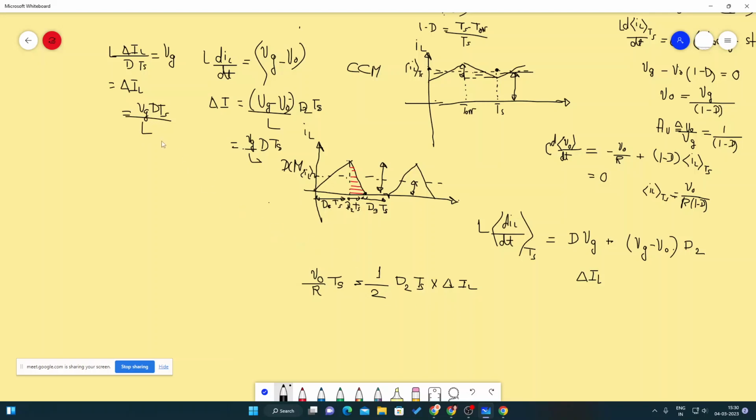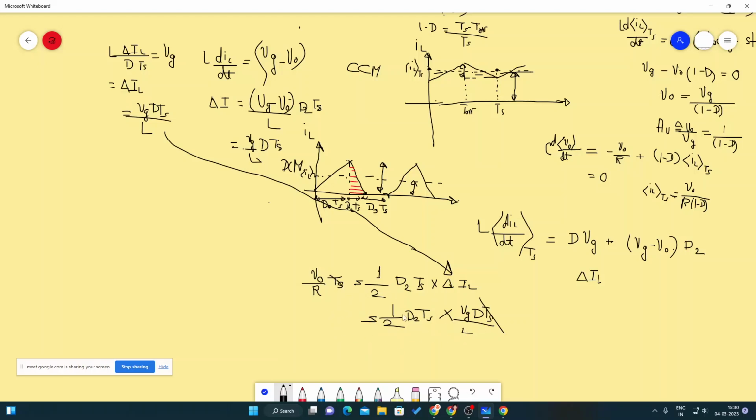Okay. So I can place this expression here directly. Delta I, so this is half d2 Ts into Vg again dTs by L. So Ts cancels out, so you get another expression.